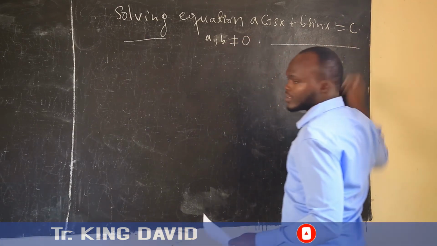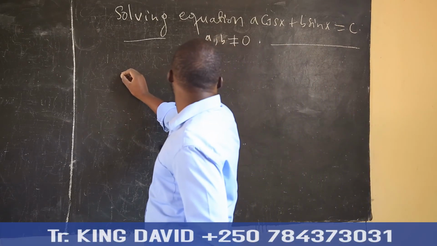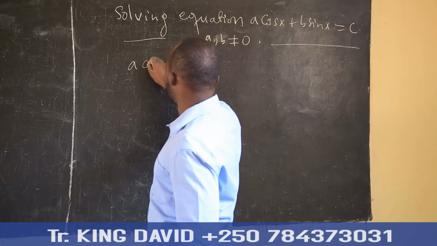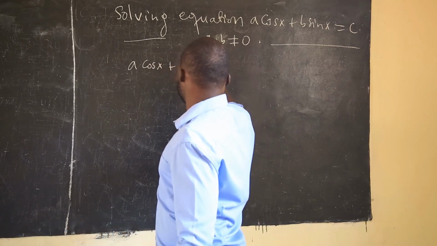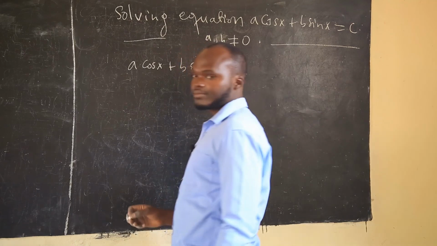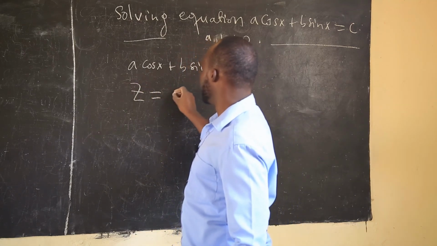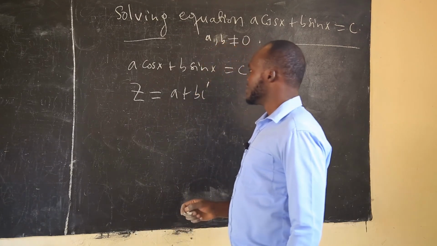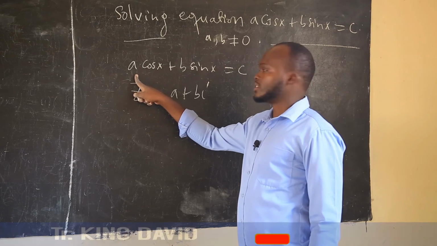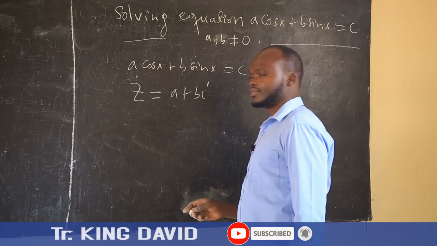How can you solve an equation in that form? For example, when you have a cos x plus b sin x equal to c, our z is a plus bi. You see z, the coefficient of cos is a, the coefficient of sin is b.